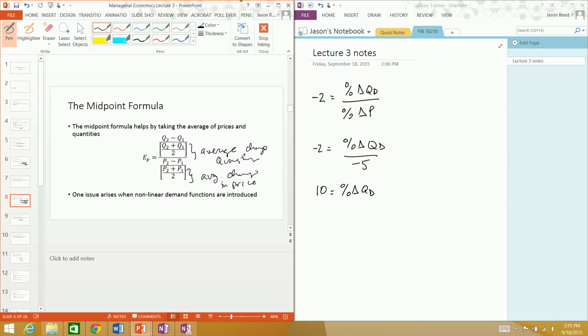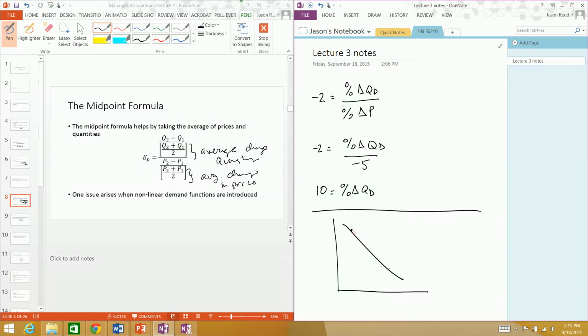Imagine if we didn't take these averages, and we're changing on this demand curve, and we want to move from maybe point A to point B. If we move from point A to point B, we're going to get a different elasticity measurement than if we move from point B to point A. To see that, just look at this simple example of going from 100 to 99, and then from 99 to 100.